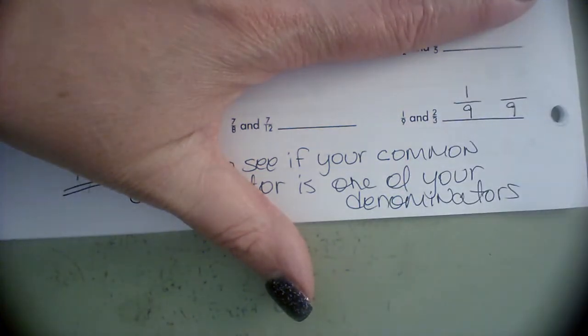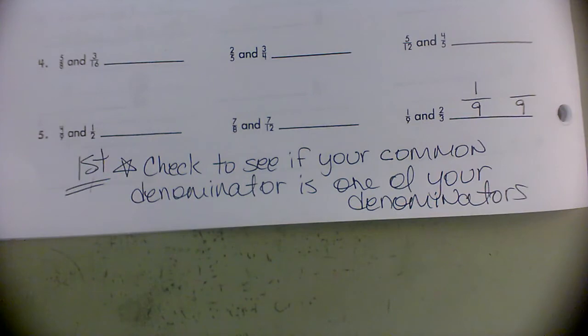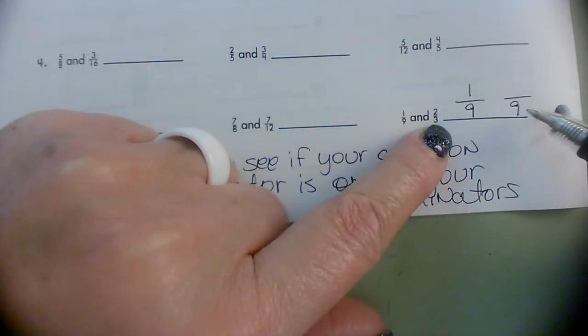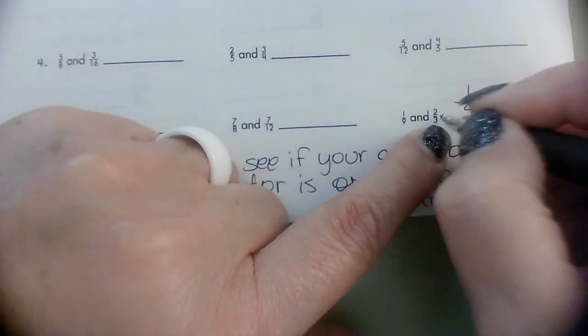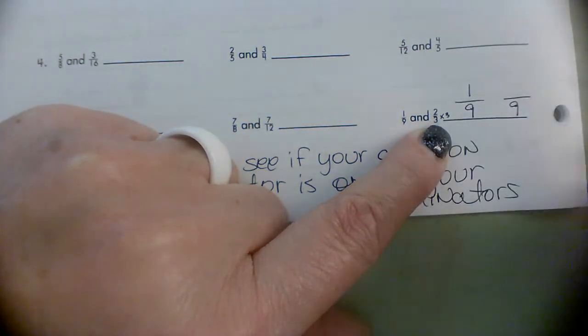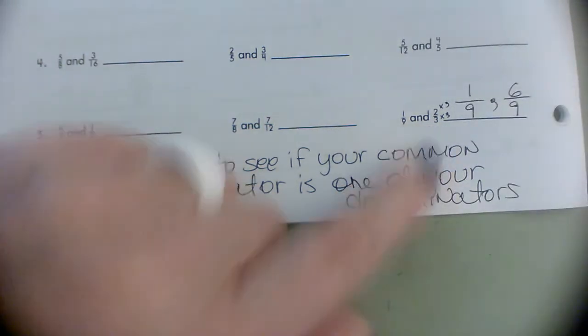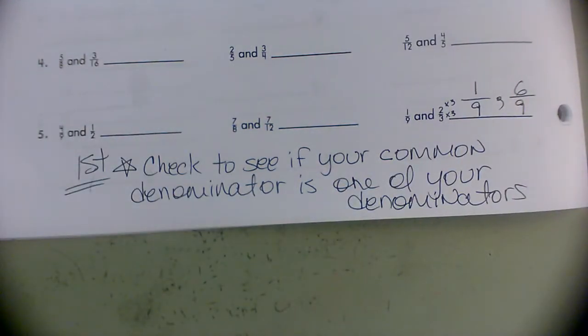Nope. I can just write him down the way he is. But did I get the 3 to become the 9? I times by 3. What I do to the denominator, I must do to the numerator. And I end up with 1 over 9 and 6 over 9.